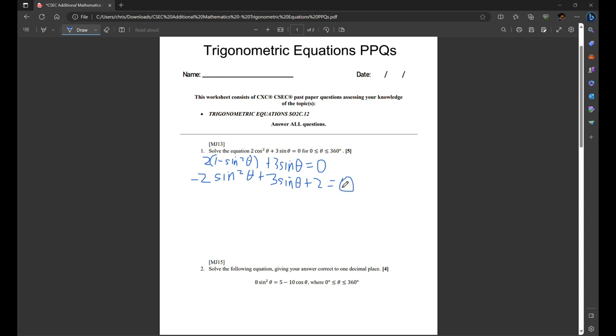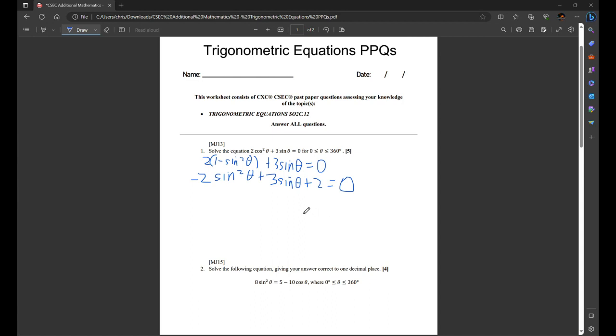You might be realizing that this equation actually looks a lot like a quadratic, and that's true, because you can solve it like a quadratic. What some people like to do is substitute sine theta for a variable such as x or y, and then come back to it afterwards and finish solving the equation. That's optional. You don't have to if you don't want to.